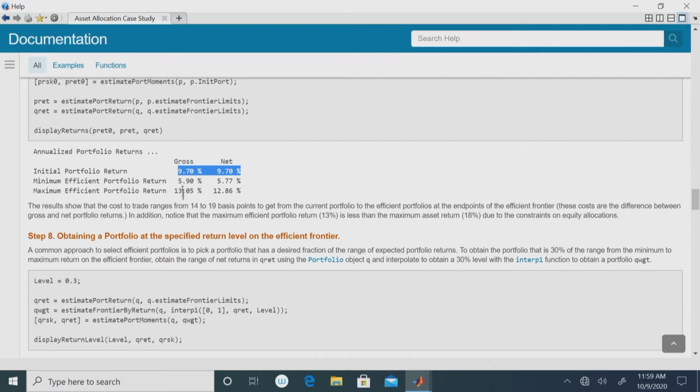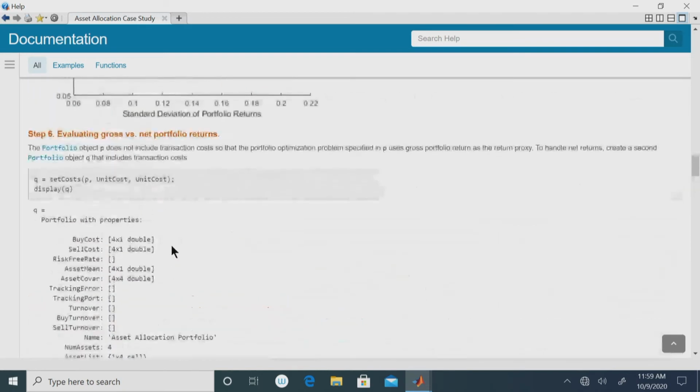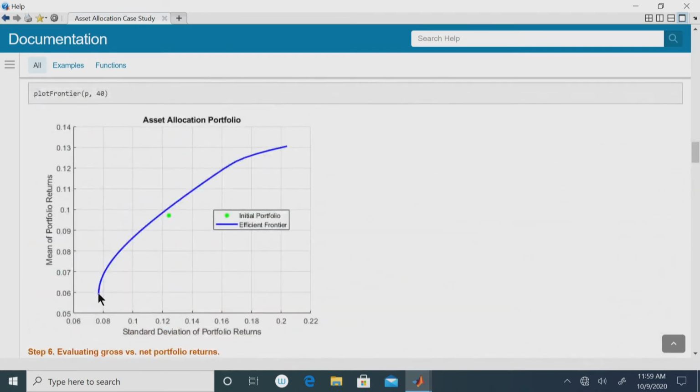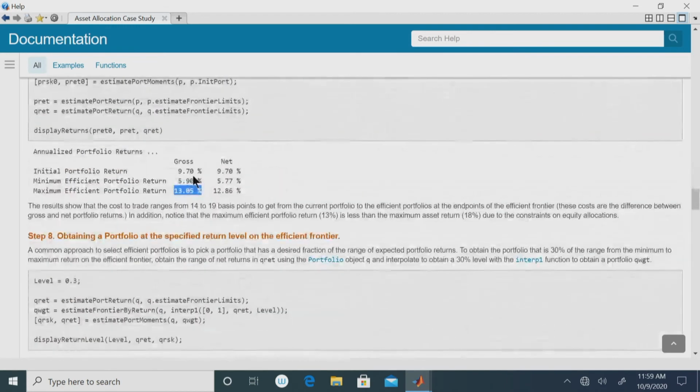In case of the portfolio P, the minimum return is 5.9% and the maximum return is 13.05%. If you look at this graphically, this is where 5.9% lies, and this is where 13.05% lies. Likewise, if you draw the efficient frontier for Q, you get your net returns of 5.77% and 12.86%.